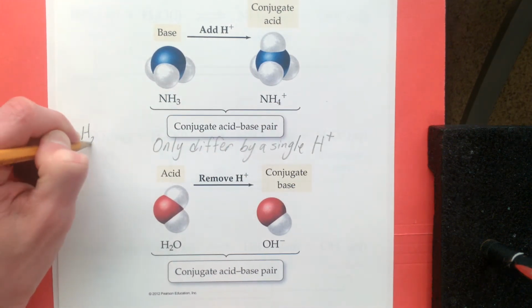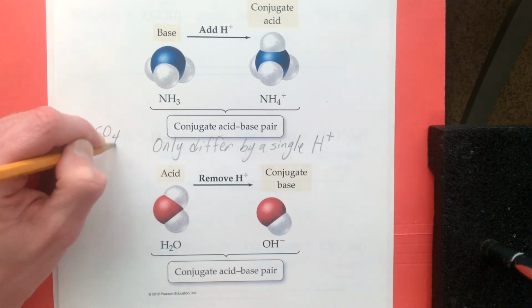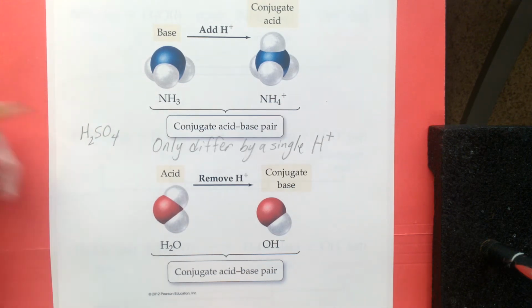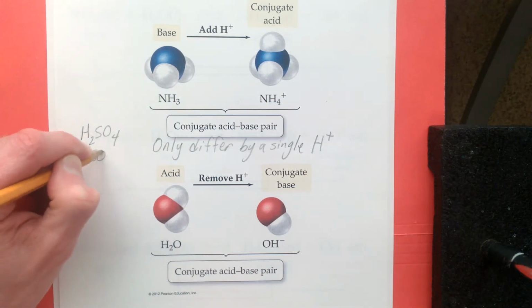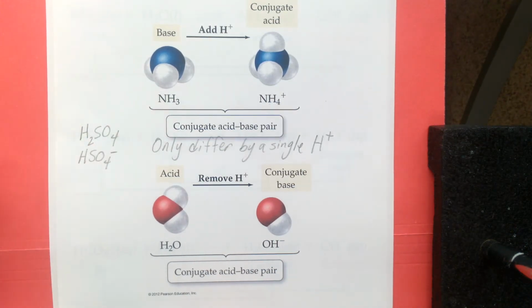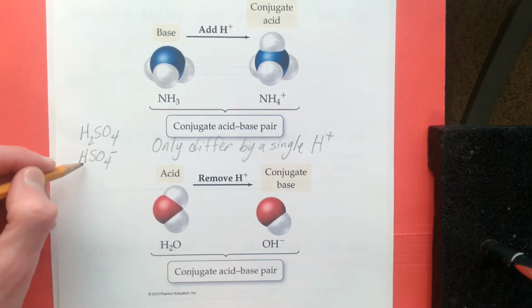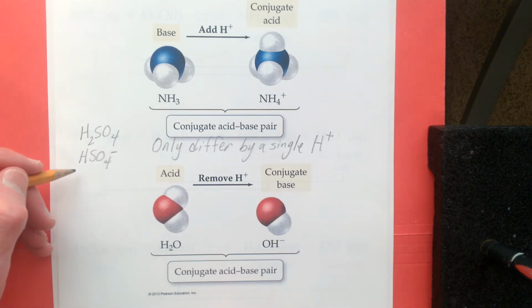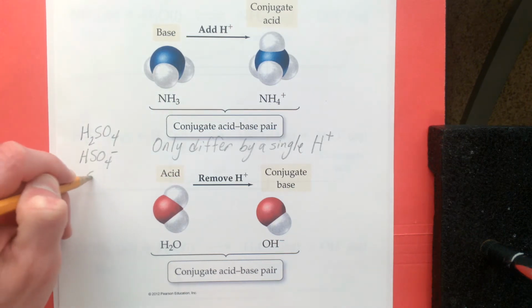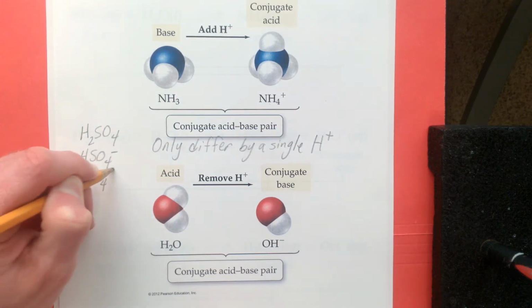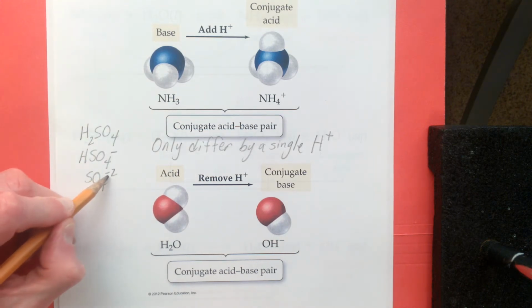Sidebar here: H2SO4, sulfuric acid, a strong acid. It donates a proton, which means its conjugate base is HSO4 negative. Now this conjugate base could potentially, in a separate reaction, be an acid and donate another proton, which would then leave it as SO4 negative 2.